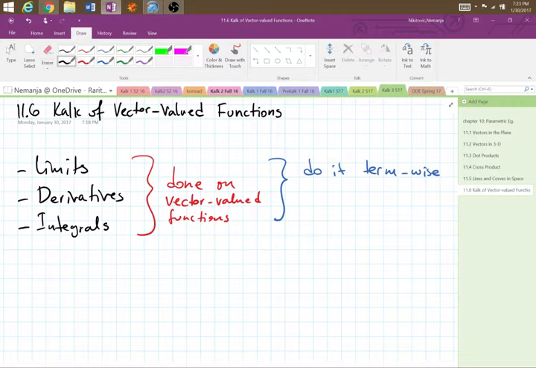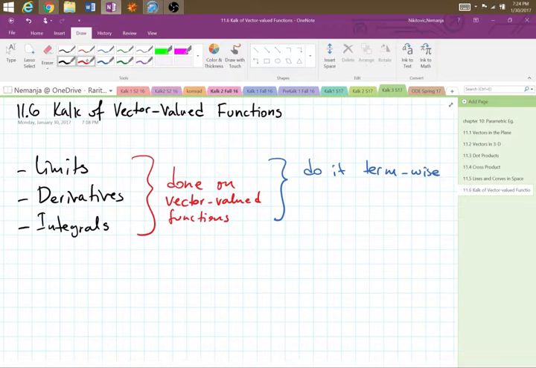So let's see if we can find the formulas.